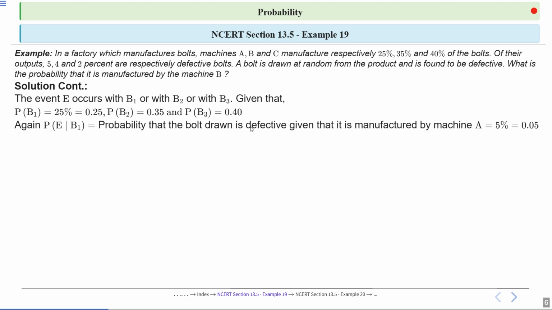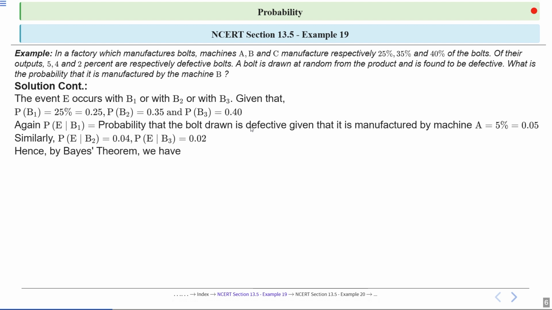Again, probability of E given B1 means the probability that the bolt drawn is defective given that it is manufactured by machine A. This is given to us as 5%, and 5% equals 0.05. Similarly, probability of E given B2 equals 0.04 and probability of E given B3 equals 0.02.